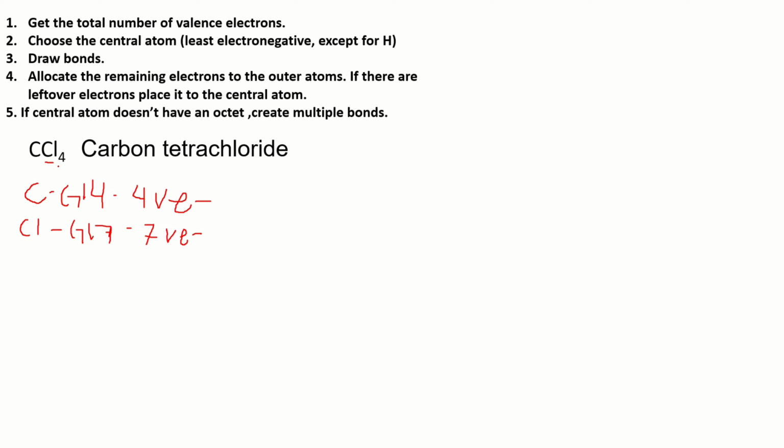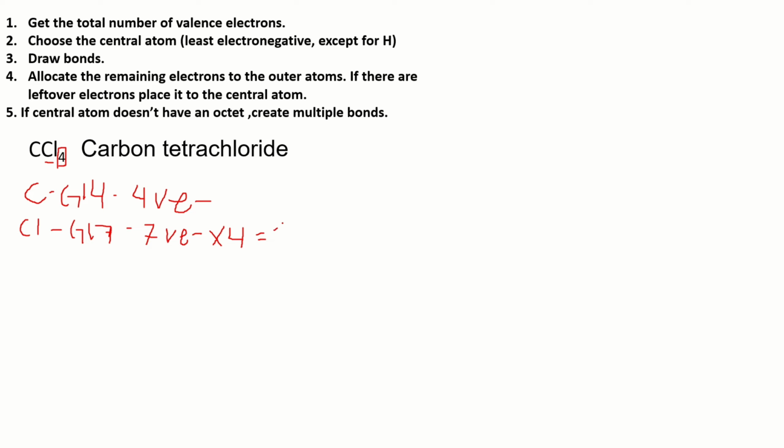Now, we have here number 4. It indicates the number of atoms. Therefore, we have 4 chlorine atoms. So, we have to multiply it by 4.